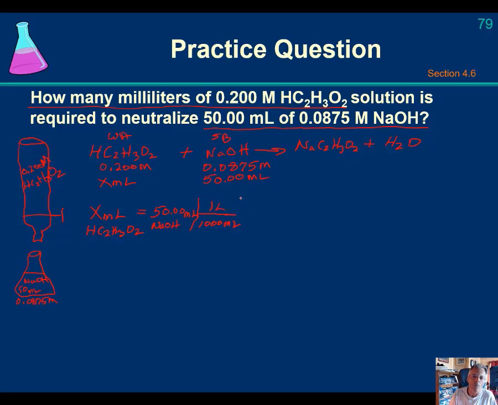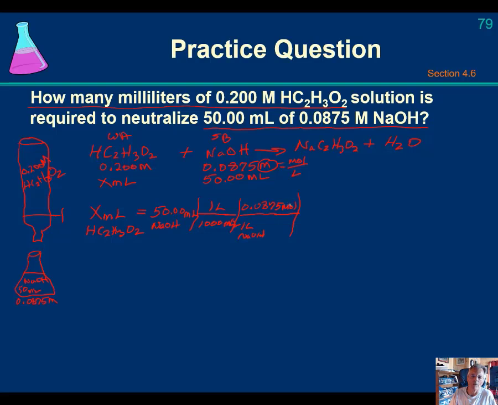So 1 liter is equal to 1,000 milliliters, and then this is 1 liter of the sodium hydroxide, and it's got a concentration of 0.0875 moles for every 1 liter. This is the molarity, moles over liters.